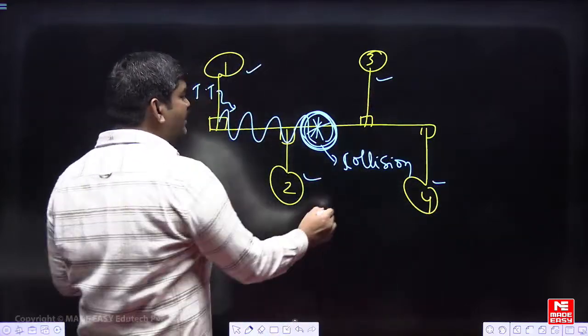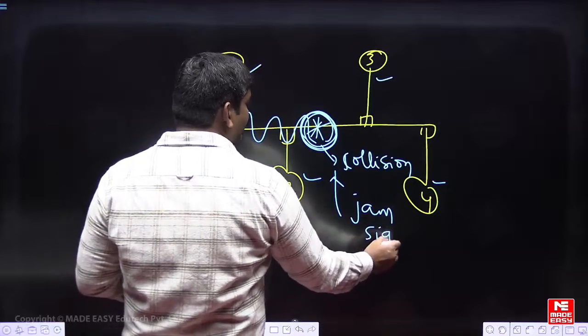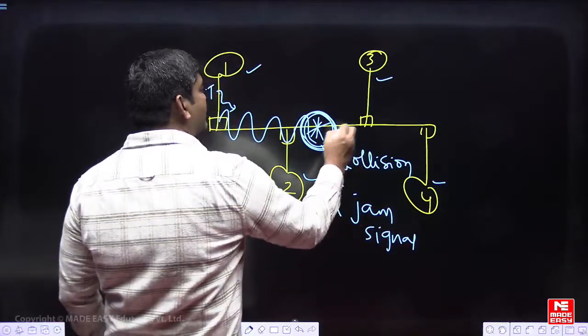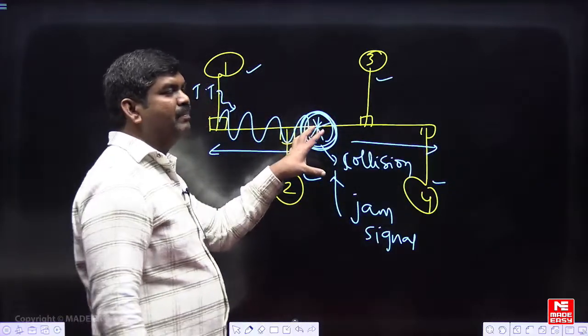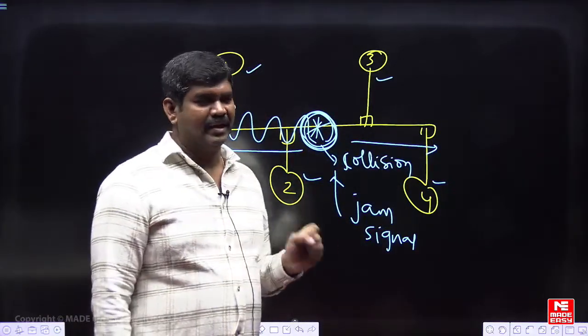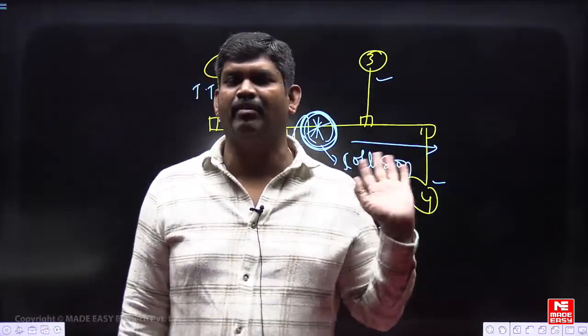For that, the purpose of the jam signal came into picture. Indirectly the signal is jamming the entire network, telling that some collision has happened and nobody has to transmit data. So the main purpose of the jam signal is to inform the other stations about this collision.